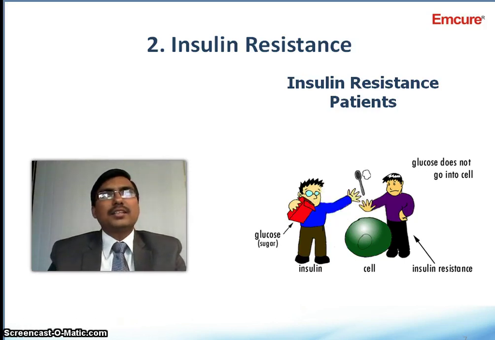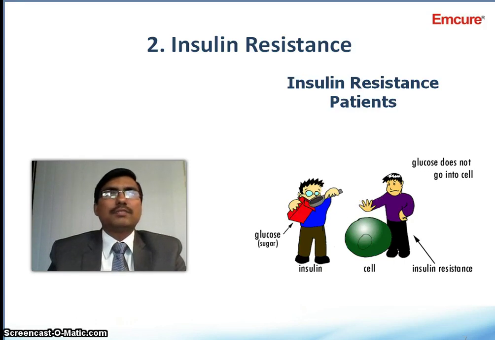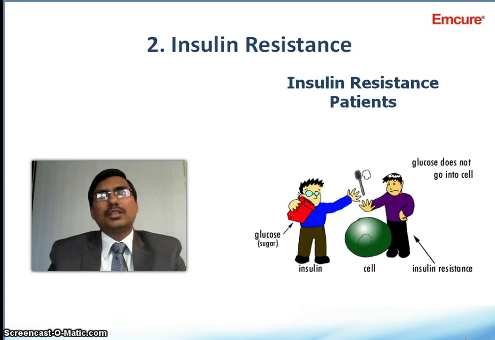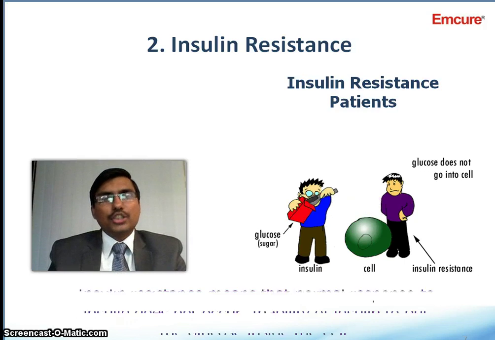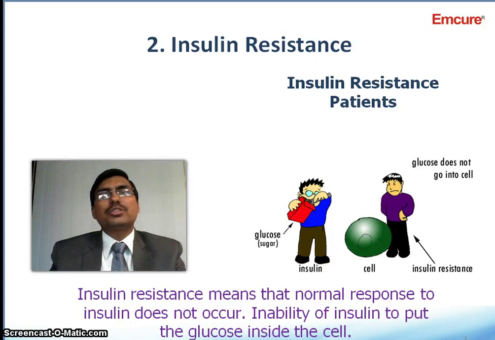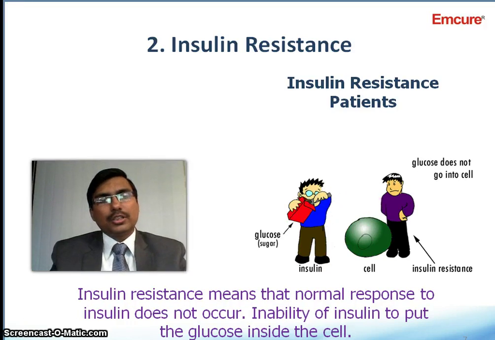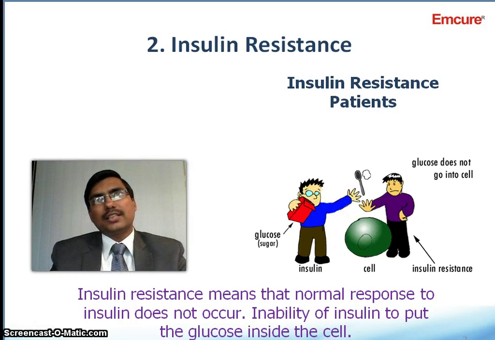Beta cells of the pancreas subsequently increase their production of insulin, further contributing to hyperinsulinemia. In short, insulin resistance means the normal response to insulin does not occur, or the inability of the insulin to put the glucose inside the cell.